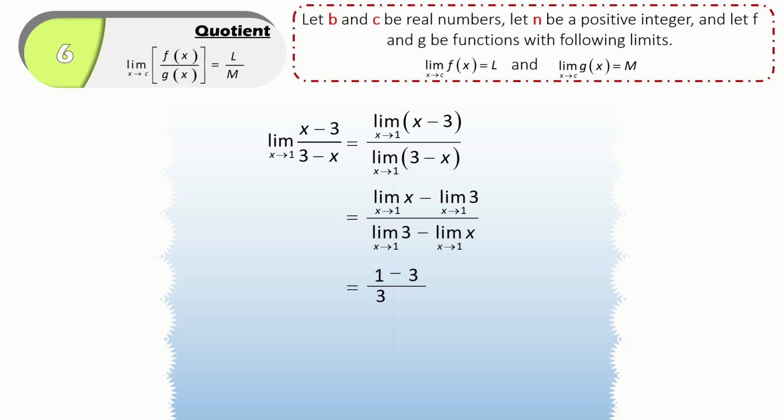And apply the identity property to get the limit of x as x approaches 1, which leads to the answer 1. Simplify both numerator and denominator. And we have negative 2 over 2. Get the quotient. Then, the limit of the quotient of the difference of x and 3 and the difference of 3 and x as x approaches 1 is negative 1.